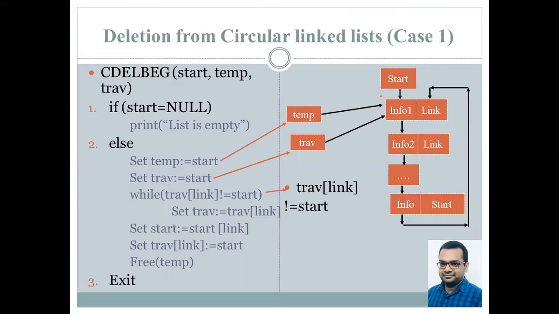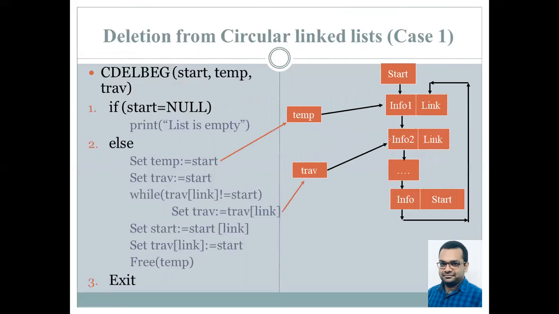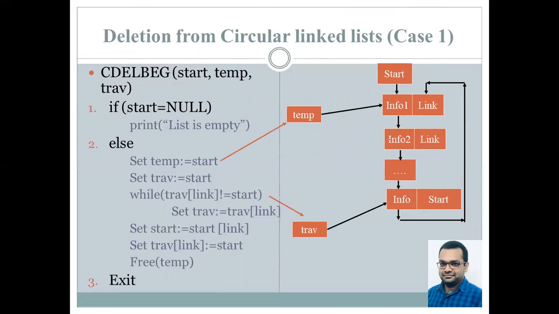Now we check traversal link is not equal to start, because traversal link contains the address of the second node, the node with the value info2. So we keep on incrementing the value of traversal till it reaches the last node, and when its link becomes equal to start, that is the address of the first node.